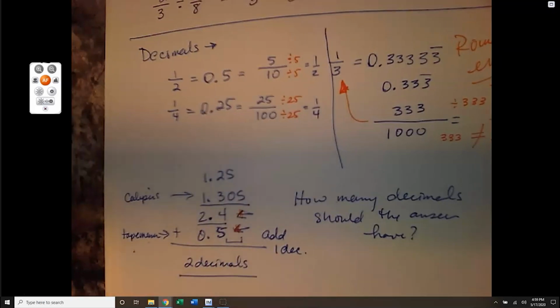Now, for the class, you don't really need to worry about that too much, because of the way you do your work for your weekly assessments. I tell you how many decimals that you want to input. But what I will talk a lot about in real world applications, how many decimals would actually be valid. So we would look for a 2 decimal answer here.